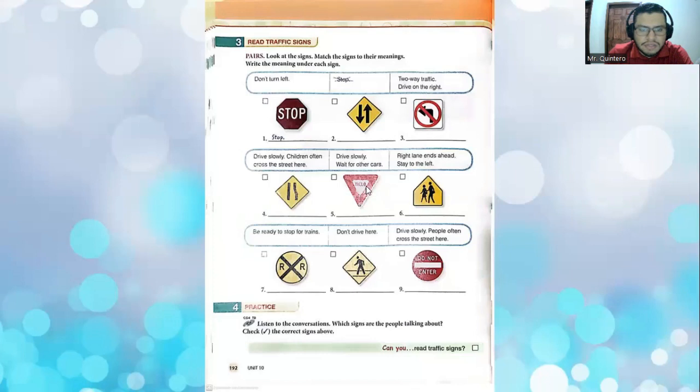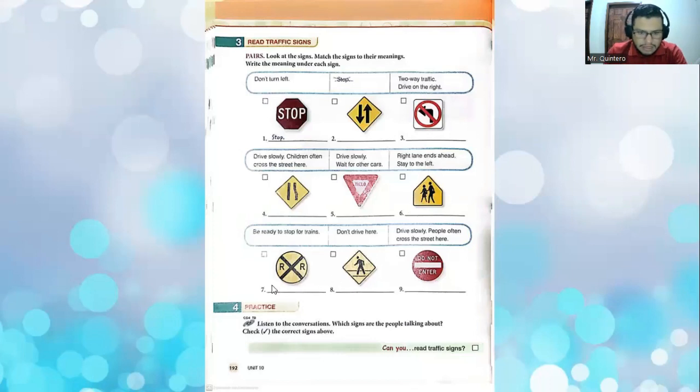The next one for you is drive slowly. Yes, right. Drive slowly. Wait for other cars. Is the second one. And the third one, drive slowly. Children often cross the street here. That is the next one.